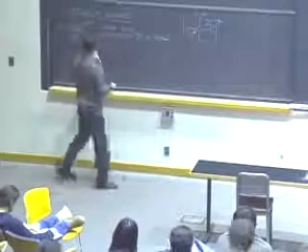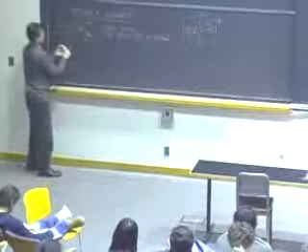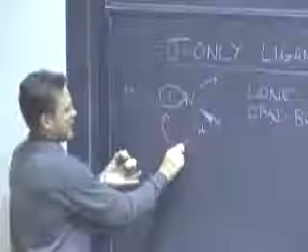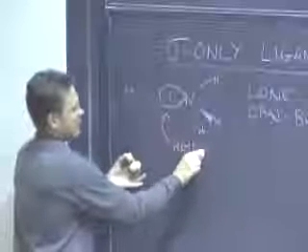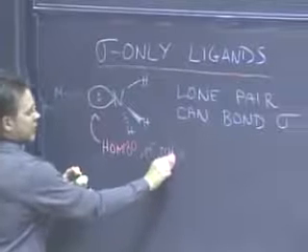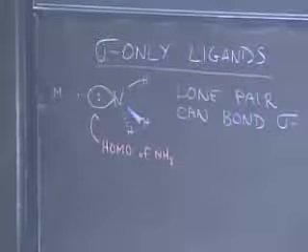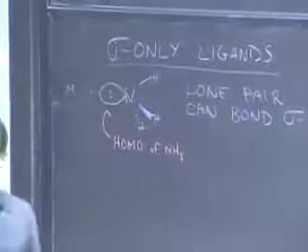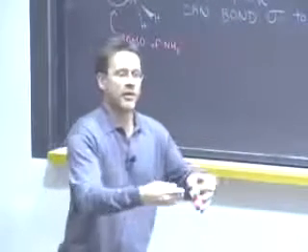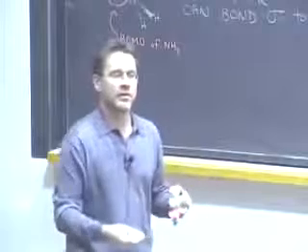And let me point out that this orbital here that I'm focusing on is the HOMO of NH3. Okay, so what we're doing is we're saying you have a central metal ion, and then you have 6 ammonia ligands pointing at it, each of them pointing their HOMO at the metal, their highest occupied molecular orbital.